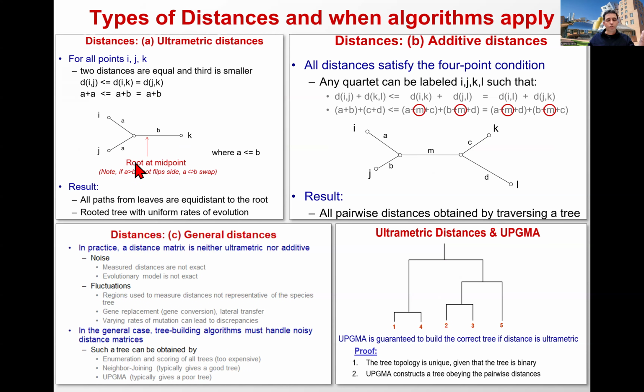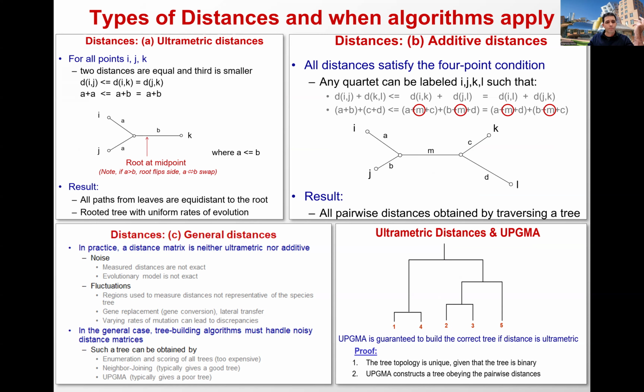Whereas for an ultrametric tree, every single time I have 3 points, 2 of the distances are always identical. And the reason is that this must be a tree. And guess where's the root? Exactly at the midpoint. Okay? But of course, most of the time, I'm just going to have general distances.